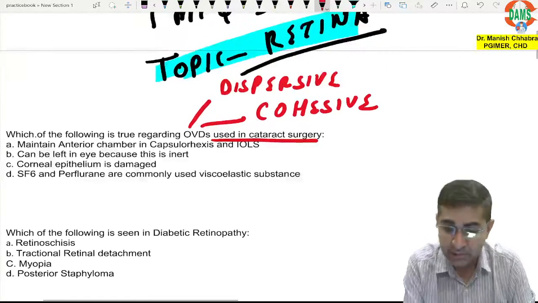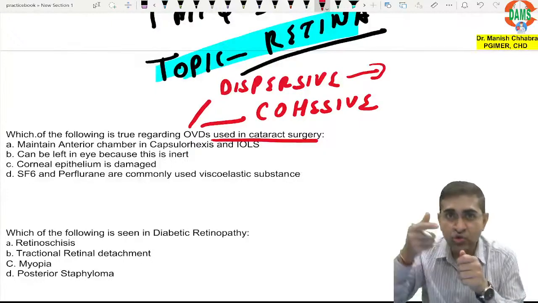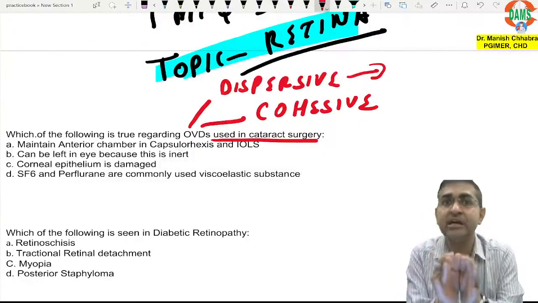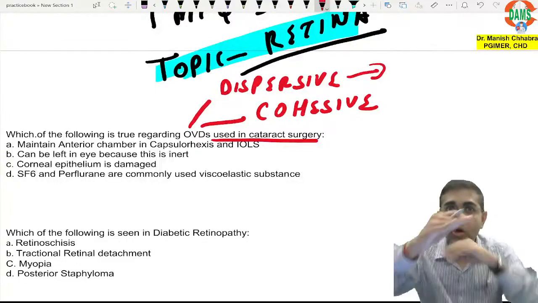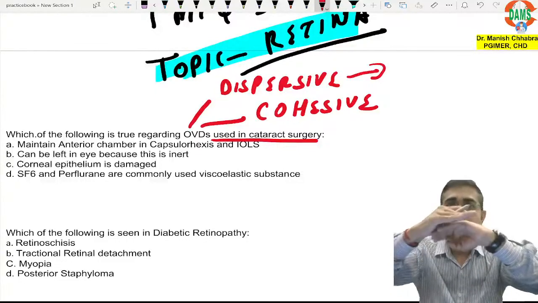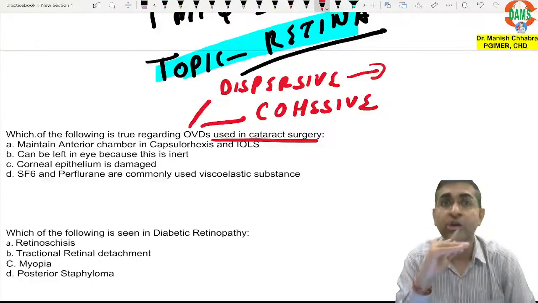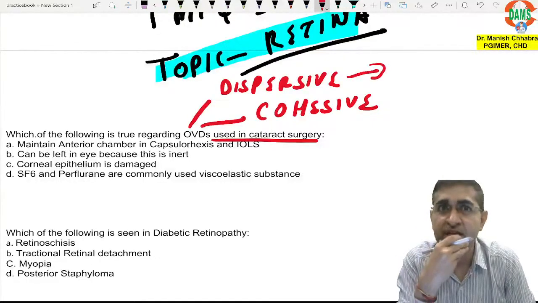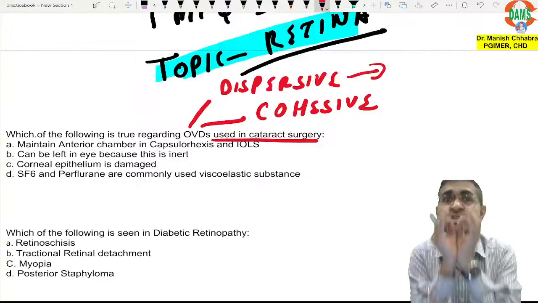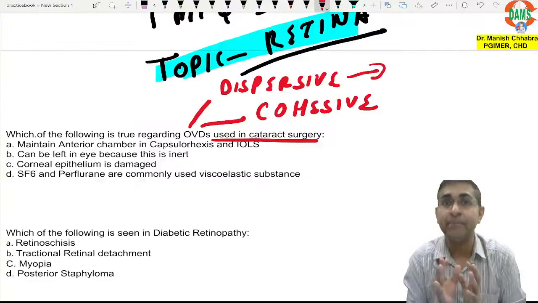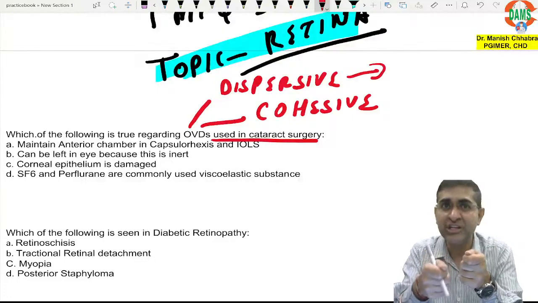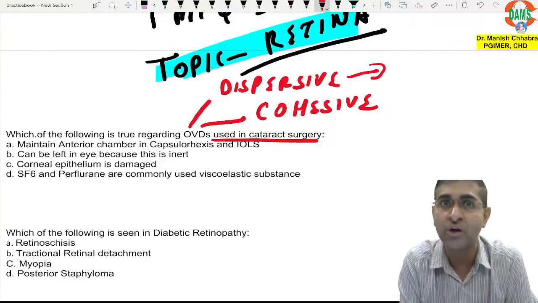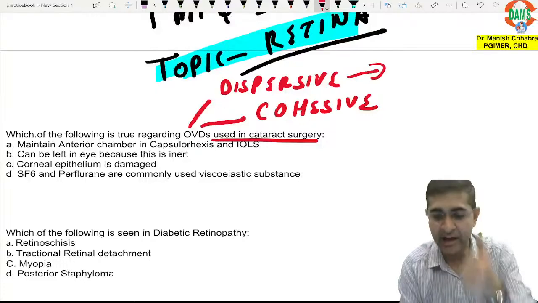Now the dispersive OVD, when you put it inside the eyeball, intraocular, it coats the endothelium of the cornea. What is its benefit? It prevents endothelium damage. In which steps you are operating, you mistakenly hit the instrument at the back of the cornea, it provides a cushioning effect.